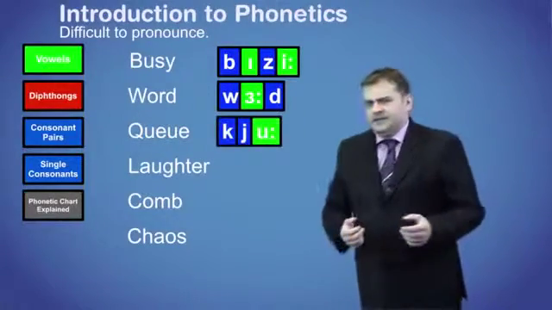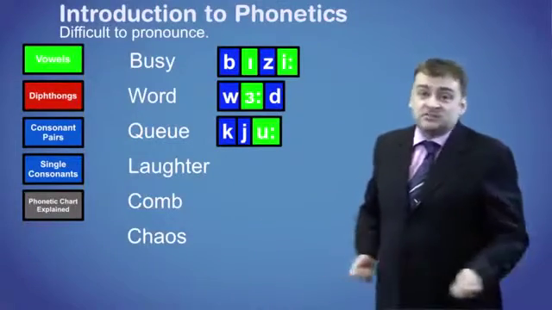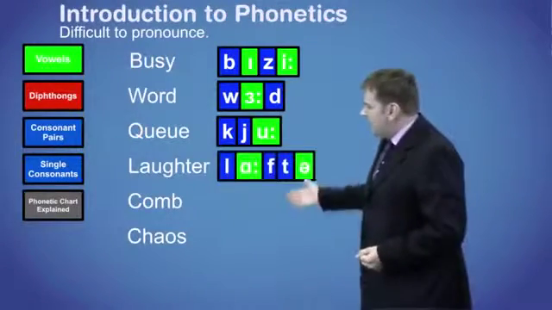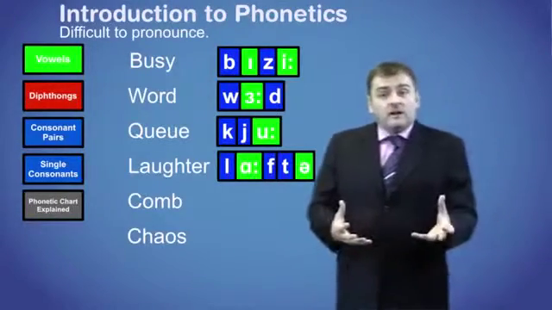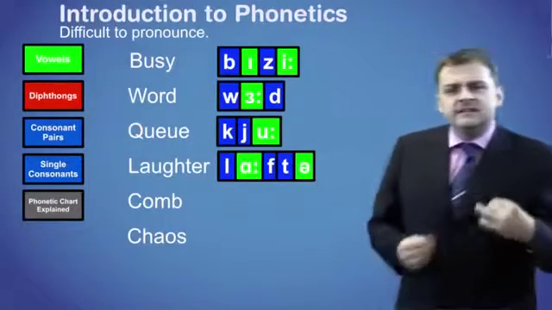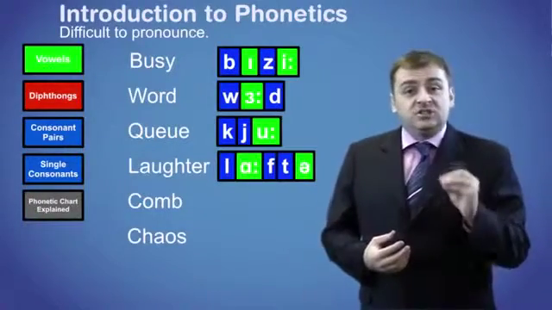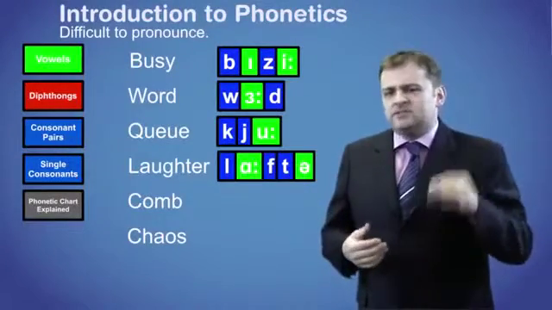Q. This word's got a lot more letters than you might expect, and most of them are just silent. Laughter. You might expect there to be an R in laughter, but there isn't. And also the F sound is represented by the letters GH. This is a very unusual spelling, and it causes a lot of confusion.